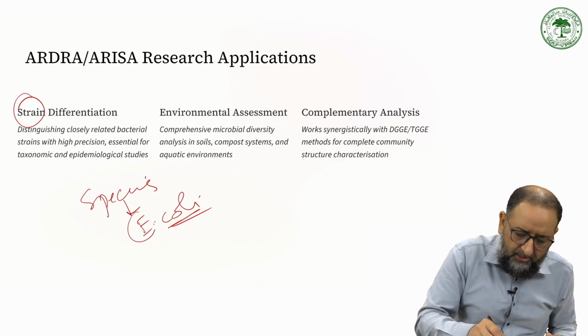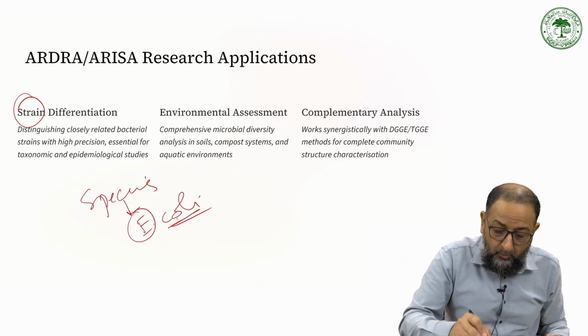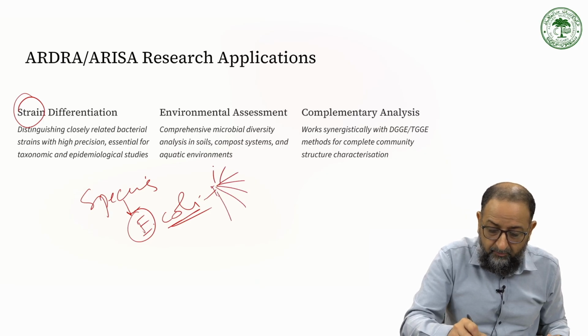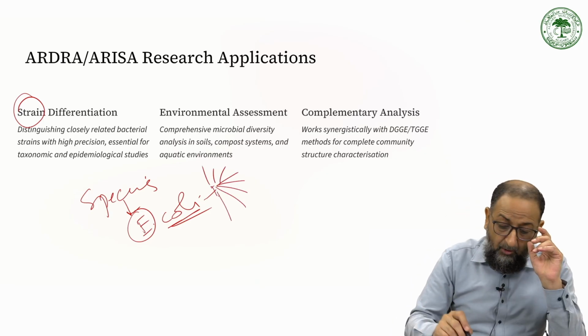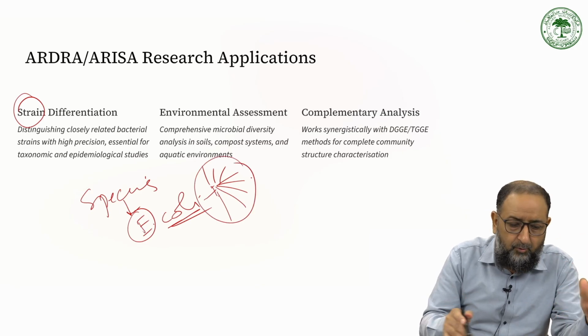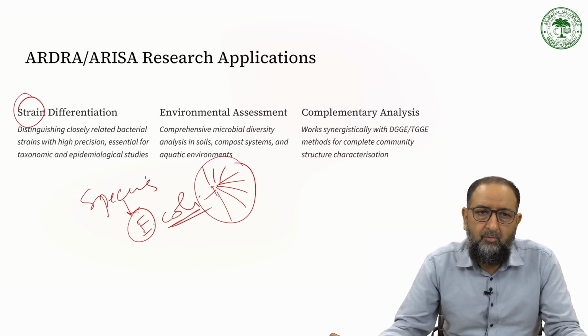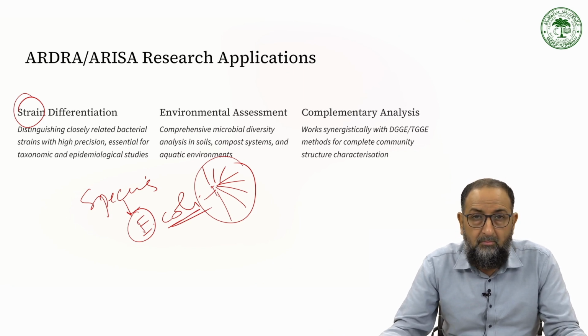Under Escherichia, you have a number of species, but the single Escherichia coli species may have thousands and thousands of different strains. Now, these thousands of different strains are differentiated through this method, through ARDRA, through ERISA, through DGGE and TGGE methods.